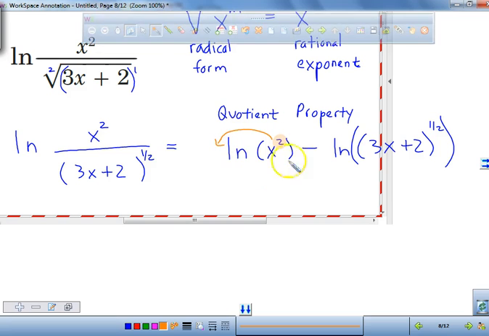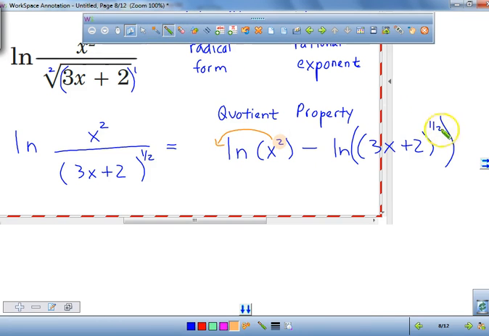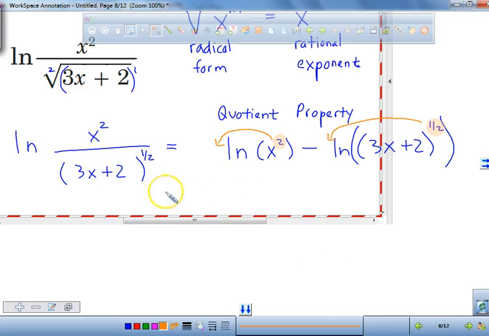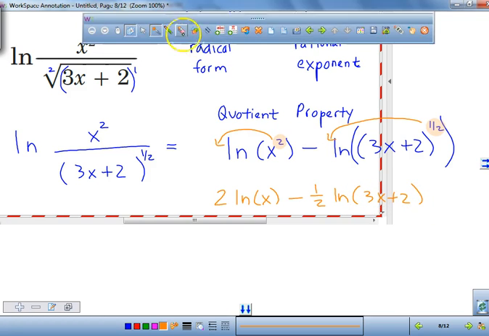Move it in front. What am I allowed to do with this power right there? Move it up front. So what would our final answer be, totally expanded all the way out? There you go. That's your final answer.